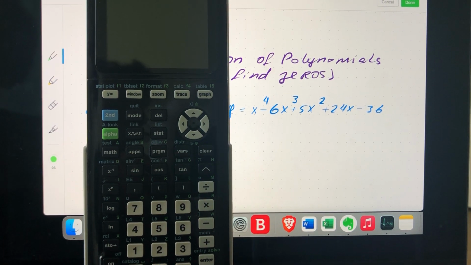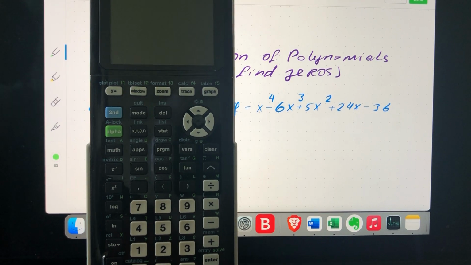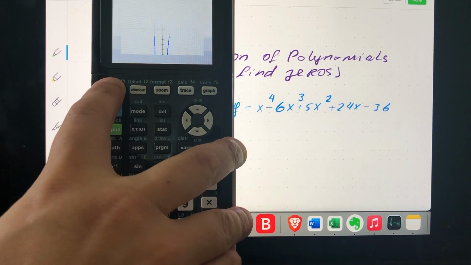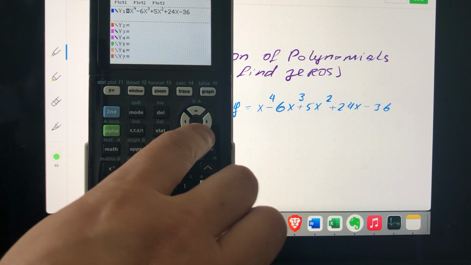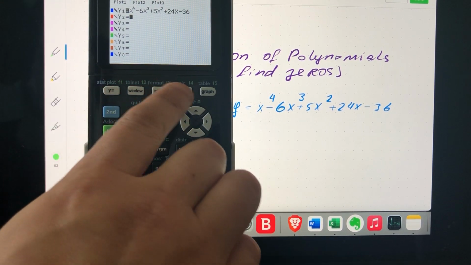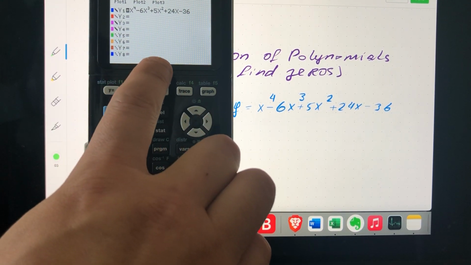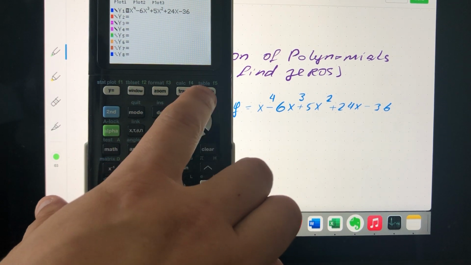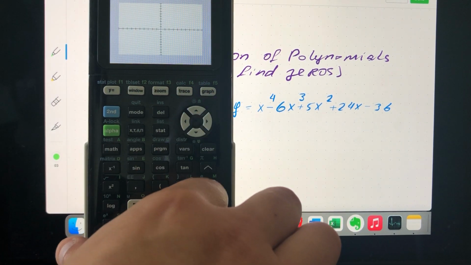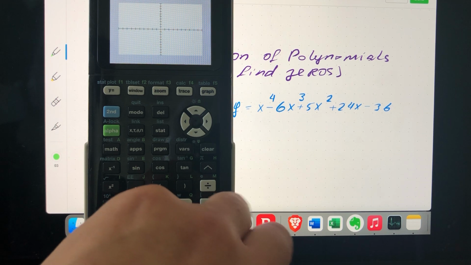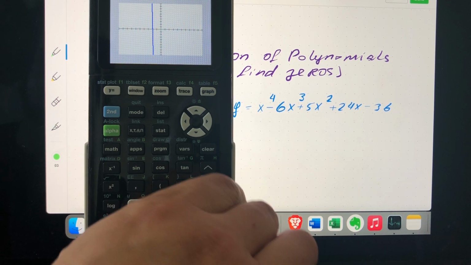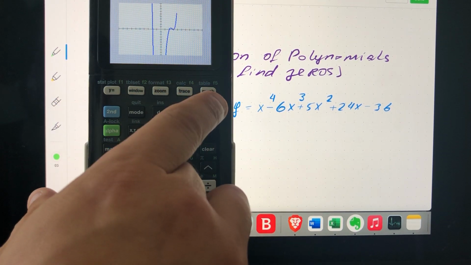On the calculator, we simply type in the equation, and here it's already typed in: x to the fourth minus 6x cubed plus 5x squared plus 24x minus 36. And here's the graph once again, on the standard window from -10 to 10, counting by ones.